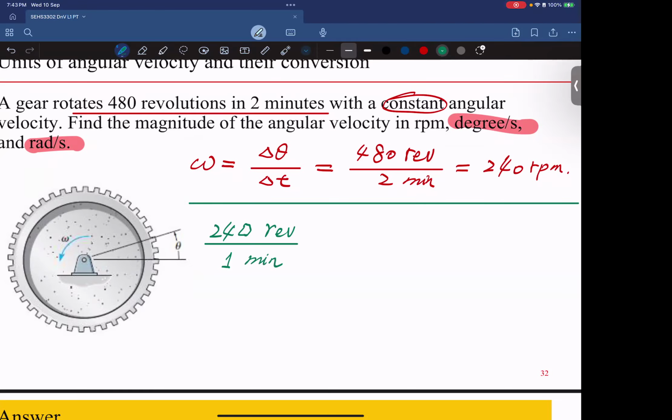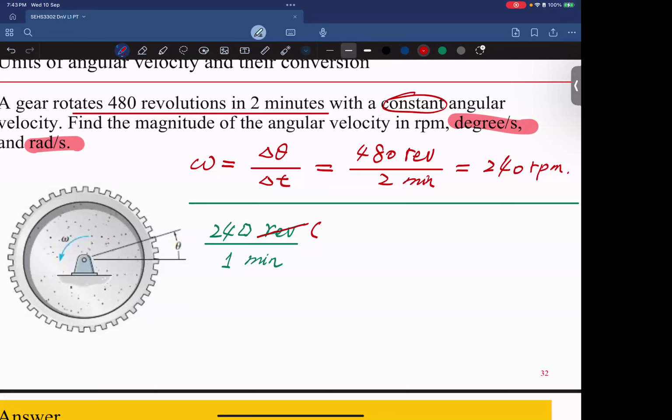This is the omega, and for this omega, we can do some translation. A conversion of unit is a translation. How to translate? We delete this revolution and use an equivalent.